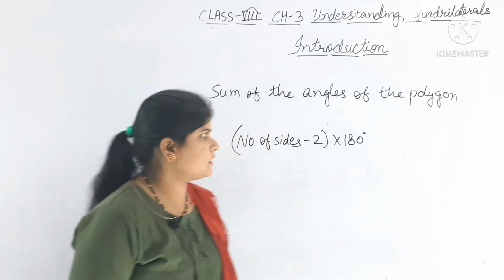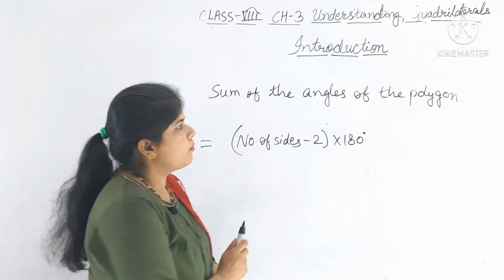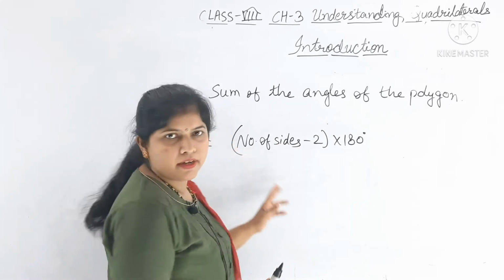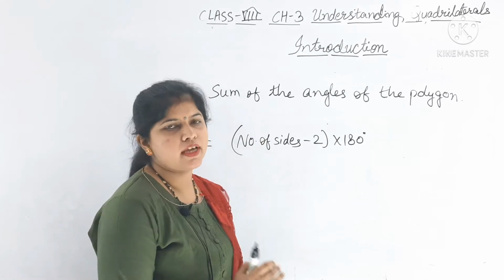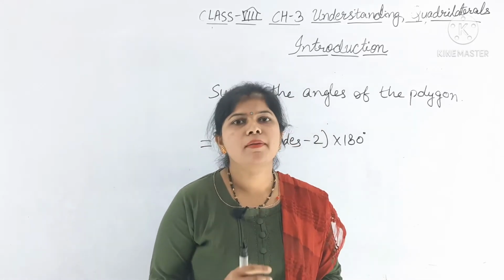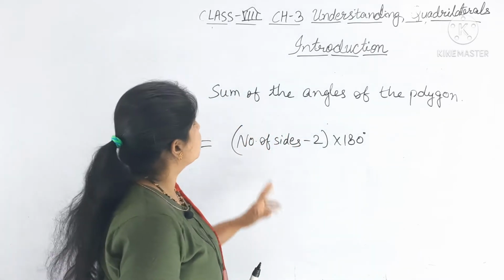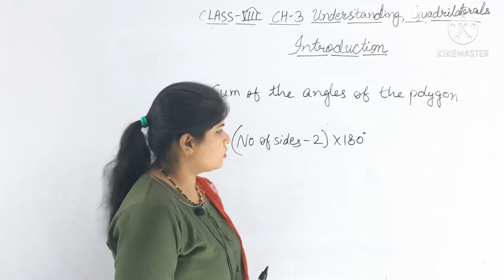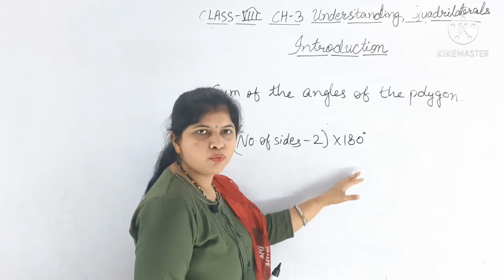Okay students, let's see how you will calculate the sum of the angles of the polygon. Here I had explained that based on the number of sides we can classify the polygons like triangle, quadrilateral, pentagon, like this. So if you have to find the sum of the angles of the polygon, here is the formula: number of sides minus 2 into 180 degree.